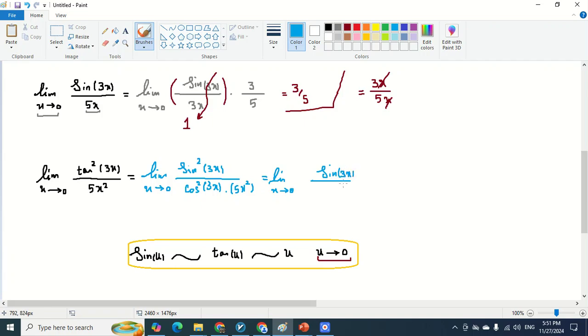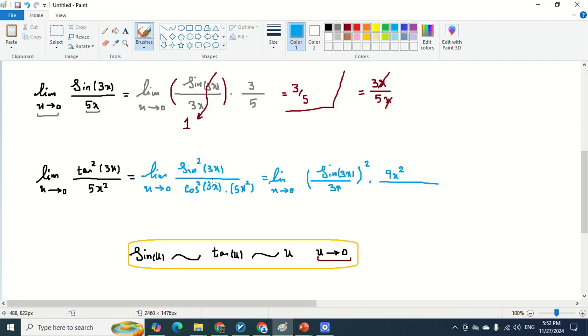So I will write the 3x at the bottom, and I square the total expression. Right now I have sine square of 3x, and because I wrote 3x at the bottom and it's squared, I should put 9x square over here to avoid having non-equal expressions.